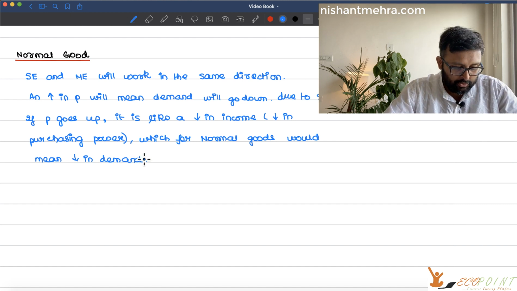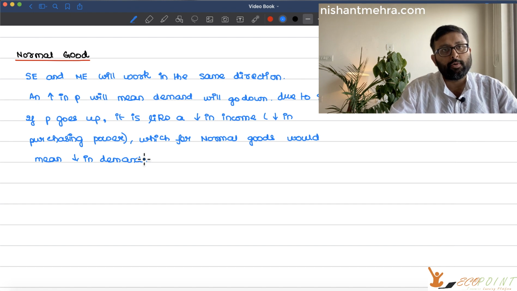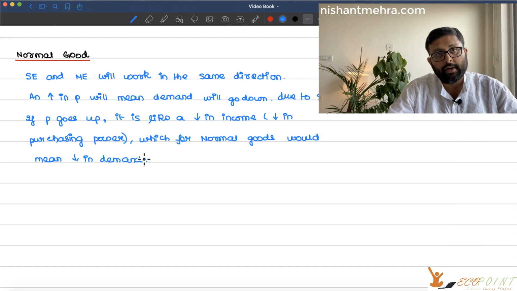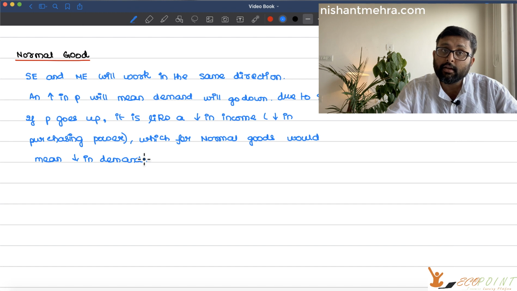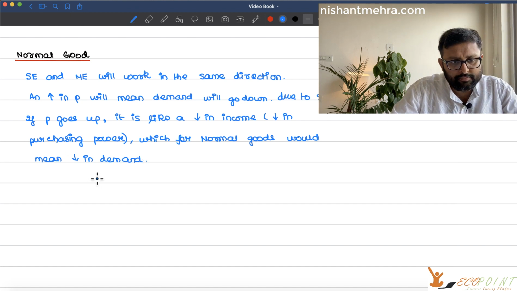So the income effect is also saying demand less, and the substitution effect is also saying demand less. Price has gone up, so it is like a fall in purchasing power. A normal good says when income falls, demand less.